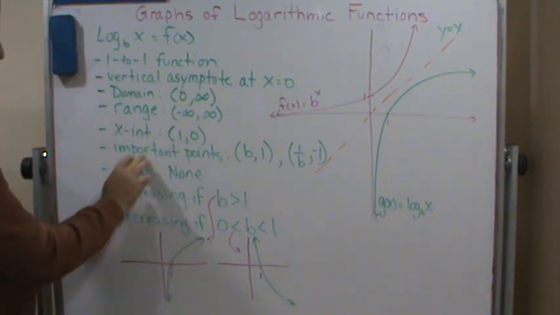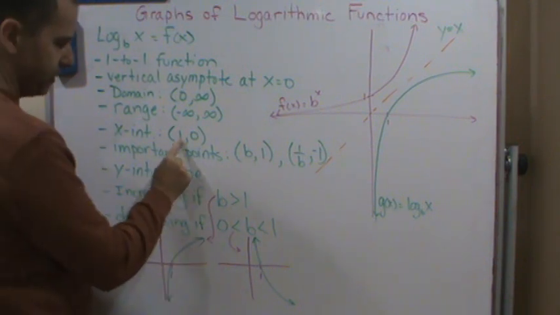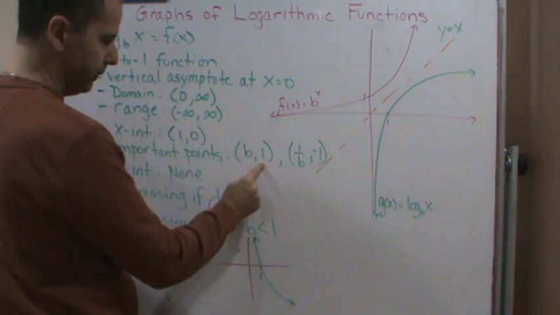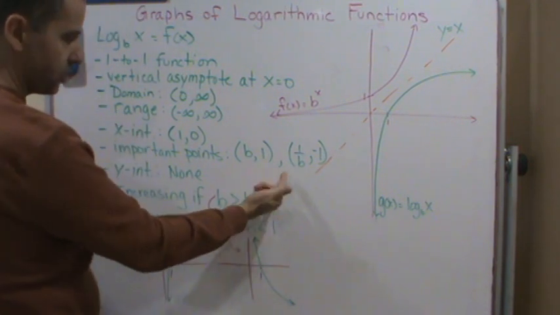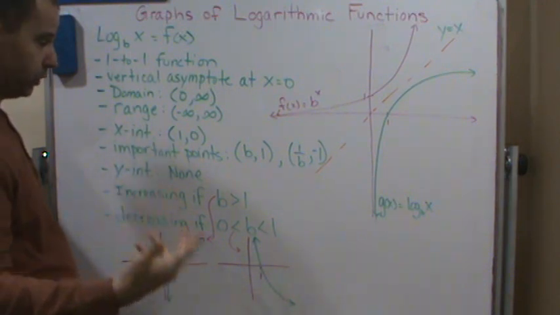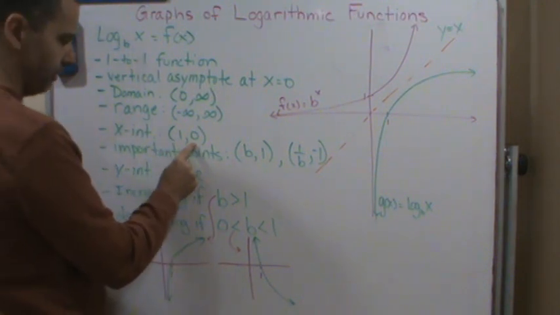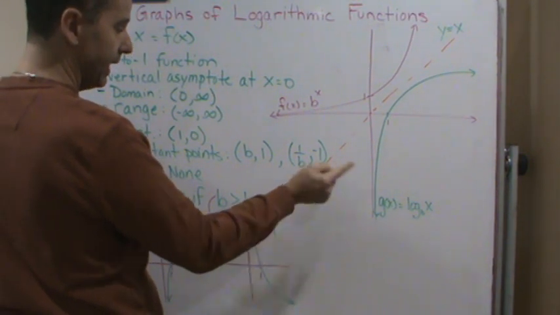Here are the other two important parts. Notice that with the exponential, we had (0, 1), (1, b), (-1, 1/b). Well, now it just switched, right? So the 3 points that all logarithmic functions will go through are (1, 0), (b, 1), and (1/b, -1).